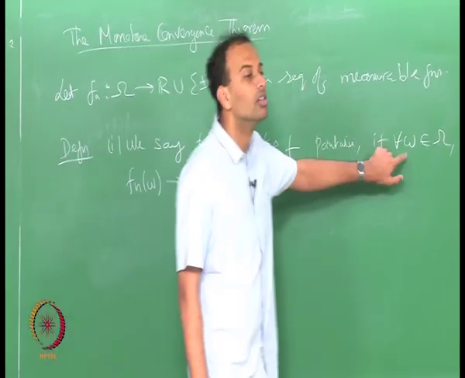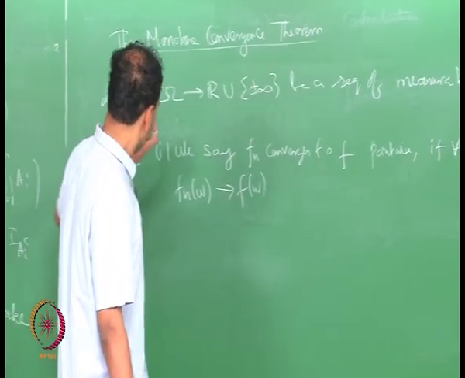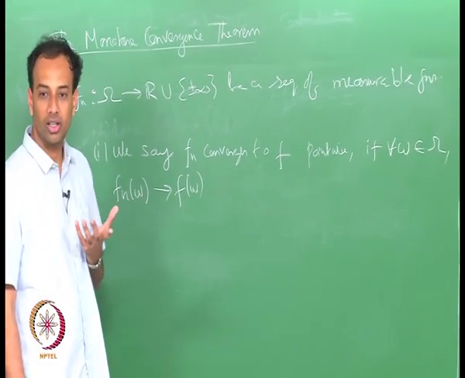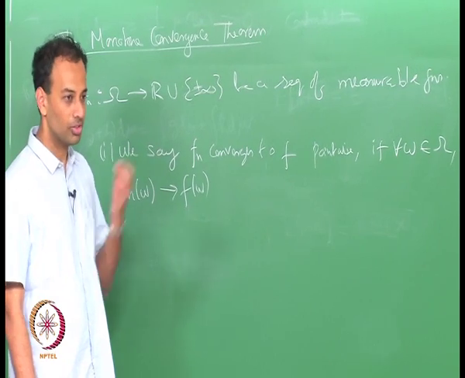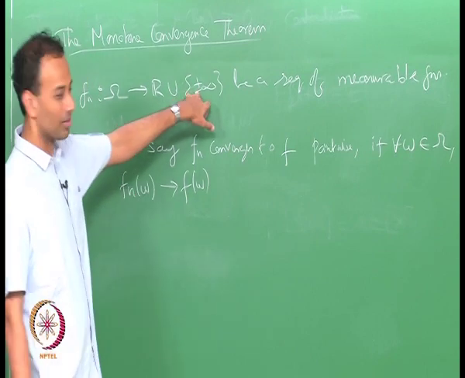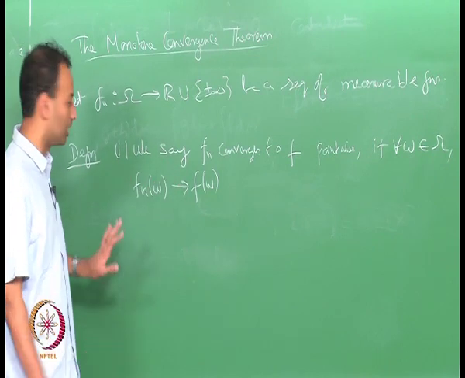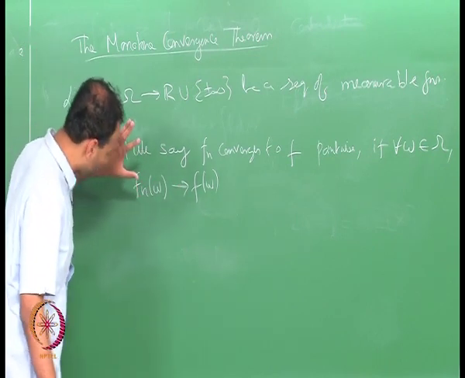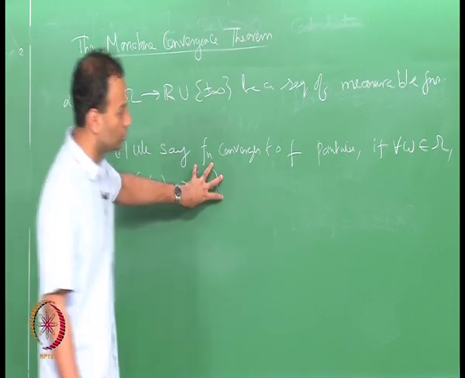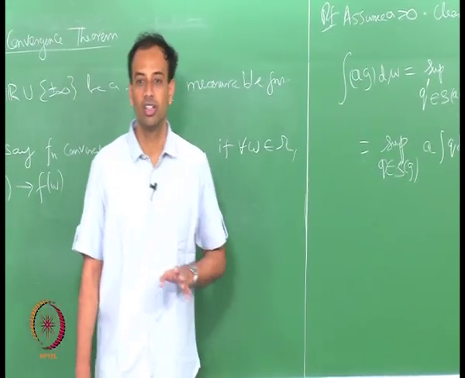You fix an omega in the sample space, and for every omega, f_n of omega is a sequence of real numbers, well not including plus minus infinity, but let us just say it is a sequence of real numbers. If that sequence converges to the real number f of omega, and if this holds for every omega in omega, then we say f_n converges to f pointwise.